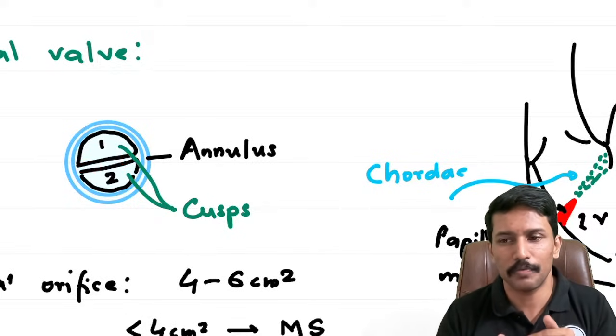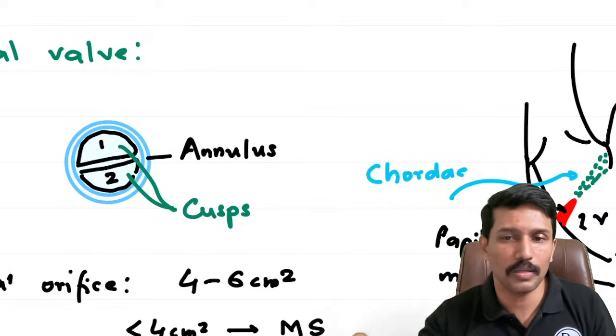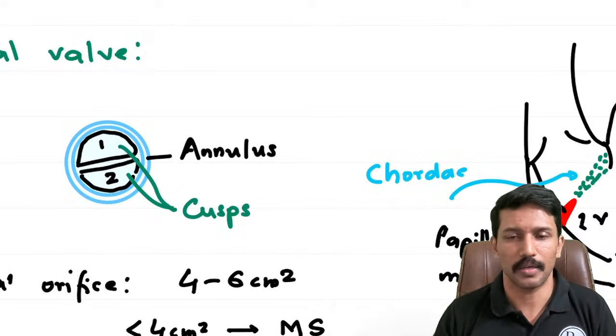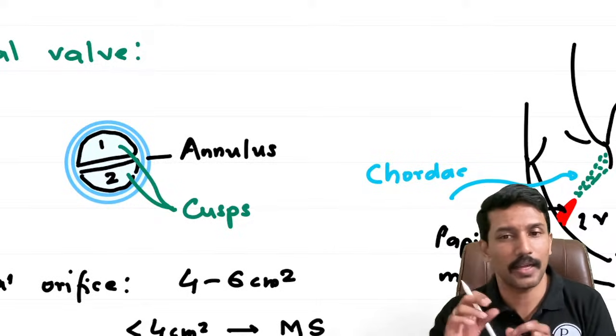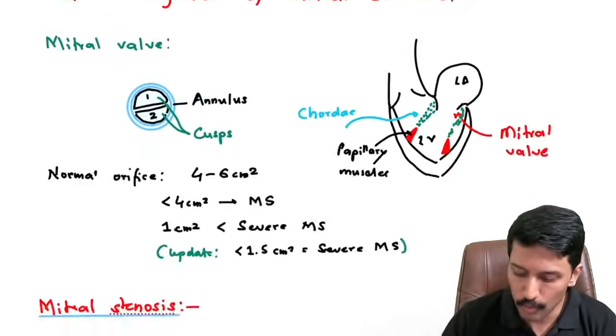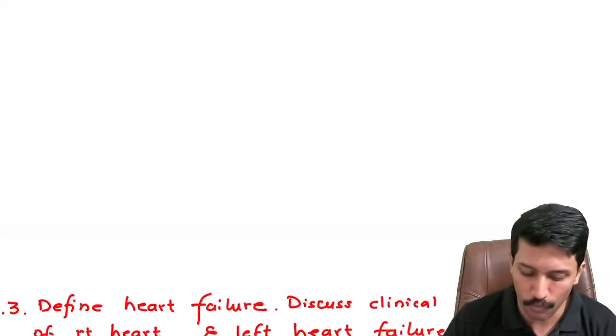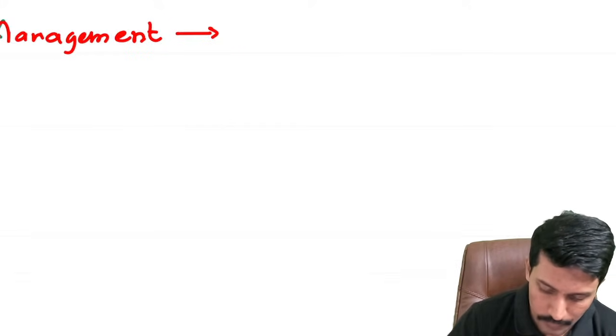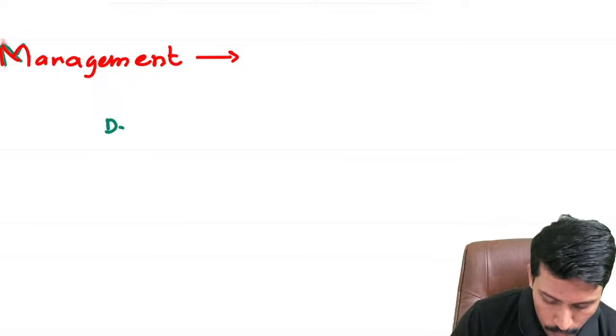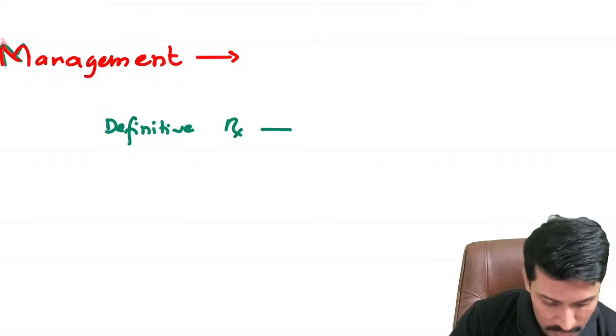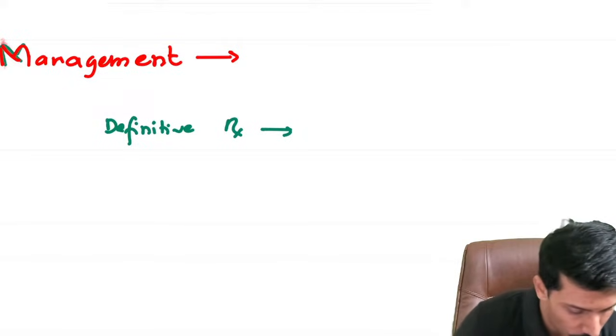So that's why the definitive treatment is not the valve replacement. It is the dilatation with the help of balloon. Only when balloon dilatation is not possible, we go for the valve replacement. So definitive treatment is called as balloon mitral valvotomy.